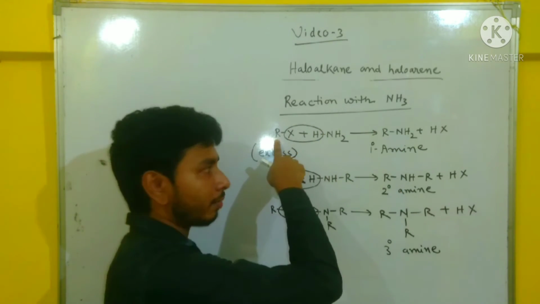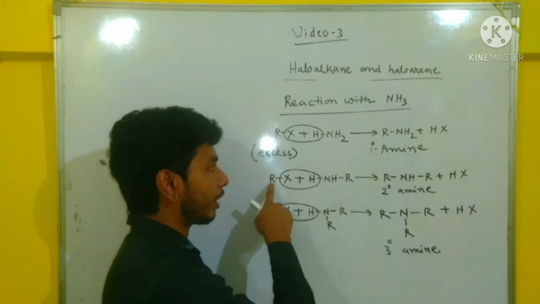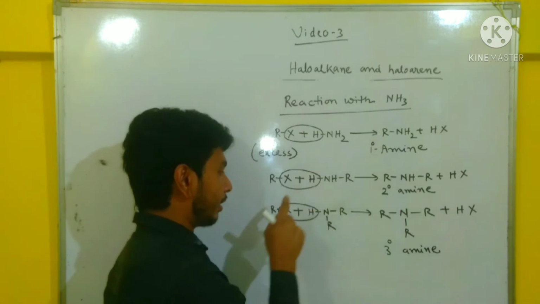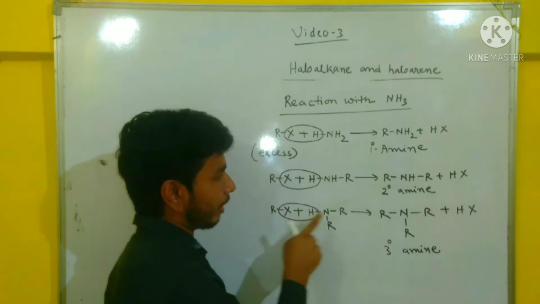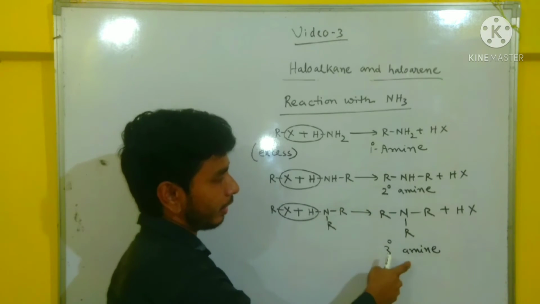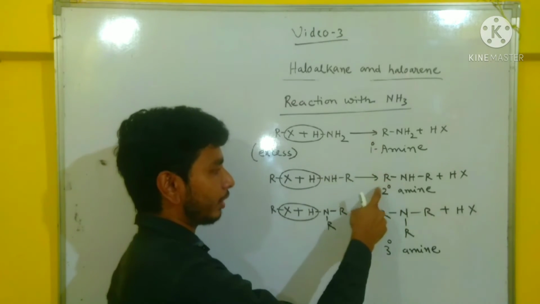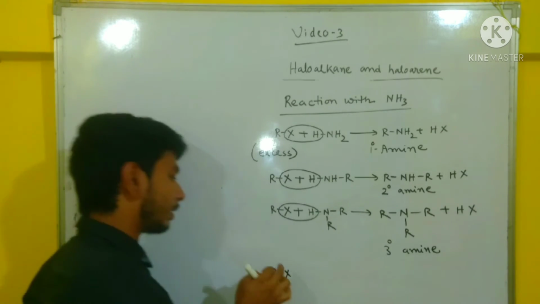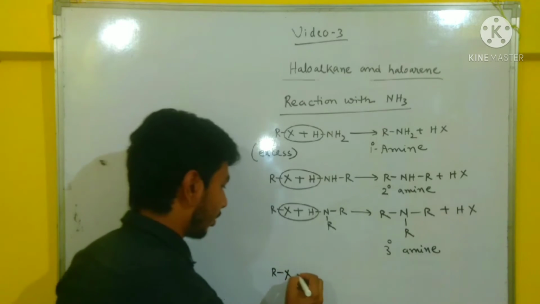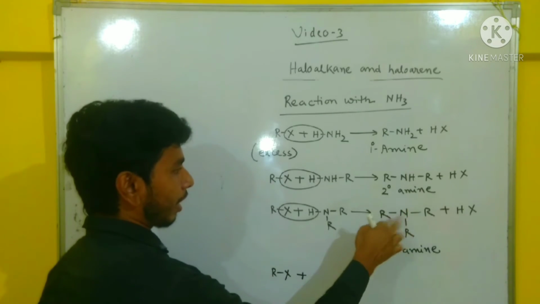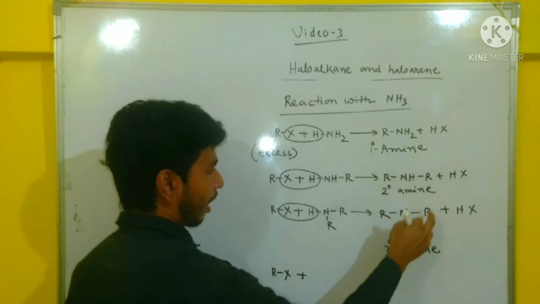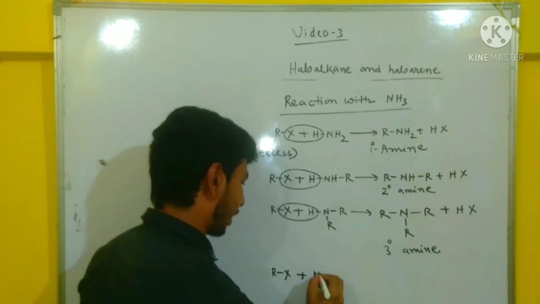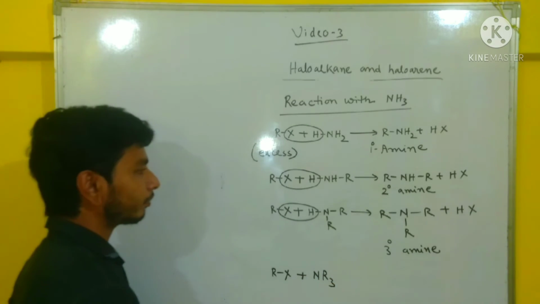So first, alkyl halide reacts with ammonia to give the 1 degree amine. Again it is in excess amount, so the unreacted alkyl halide reacts with the product of the first step and we get the 2 degree amine. Again the unreacted alkyl halide reacts with the product of the second step and we get the 3 degree amine: 1 degree, 2 degree, 3 degree. Next, the unreacted alkyl halide will react with the product of the third step, NR3, nitrogen bonded with 3 alkyl groups.